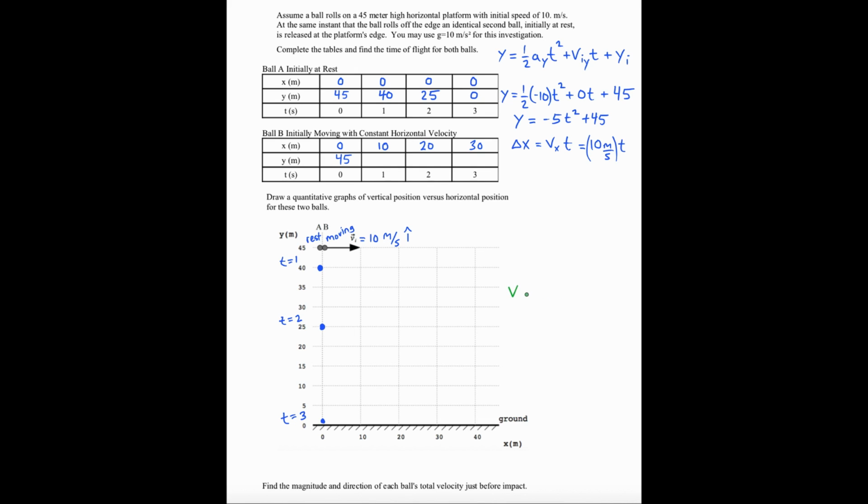We can use this formula, v final y equals ay t plus v initial y. All right, so let's plug in our acceleration, negative 10. And our initial velocity for ball A, of course, is 0.